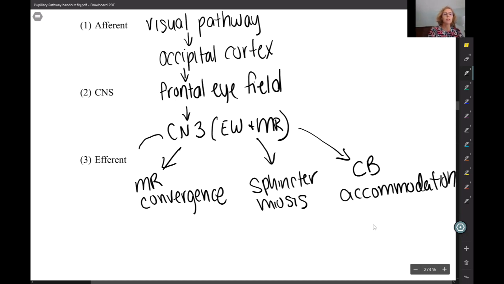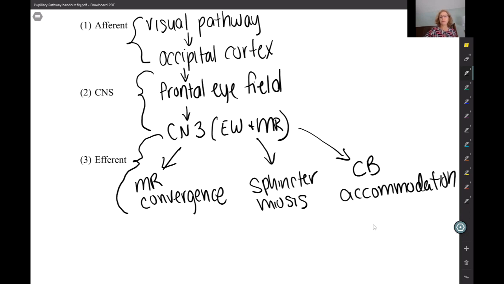So this part is the efferent portion. This part is the central portion, and this is the afferent portion of the near pathway.